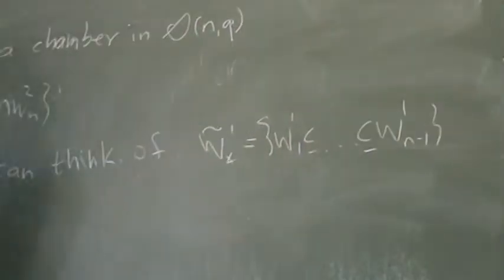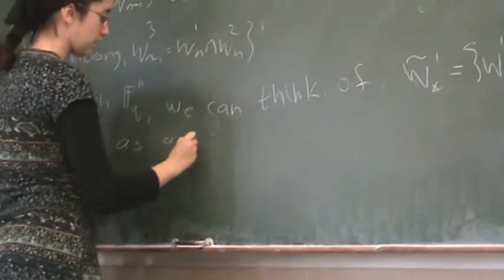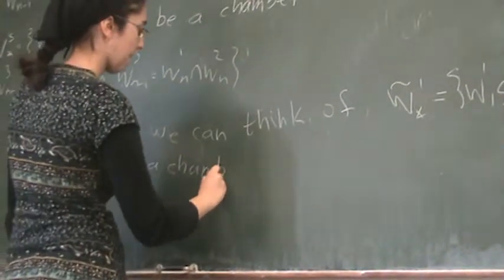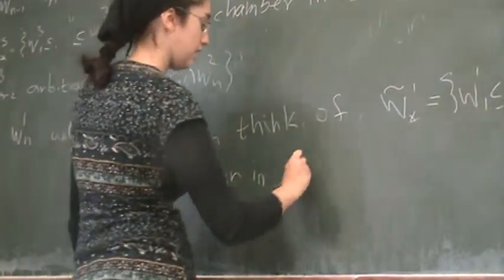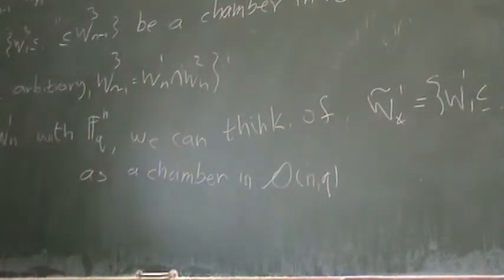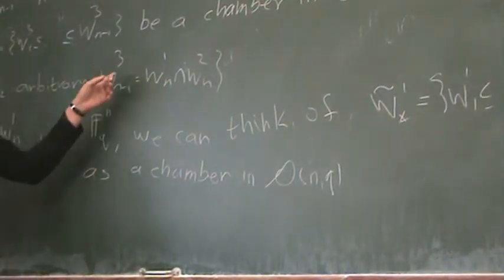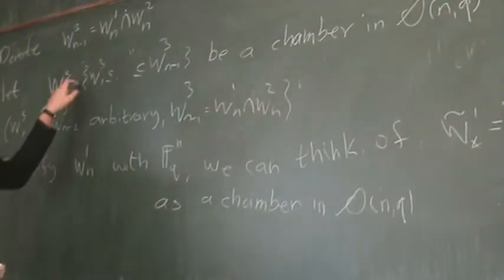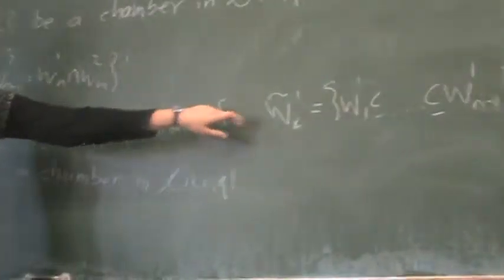This is a chamber in S_n(Q). So now we have a gallery from this one to this one.